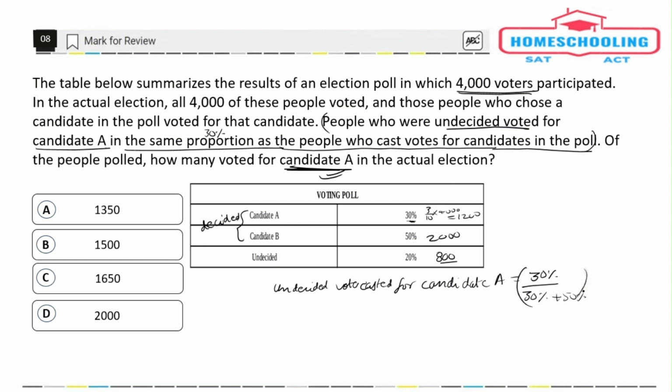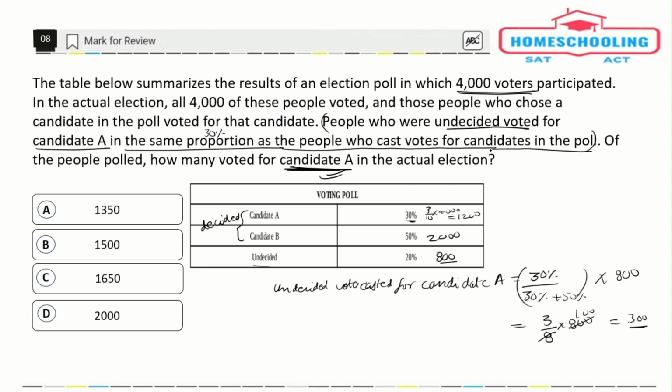So 3 by 8 into 800. So this would be 300. So undecided voters casted vote for candidate A is how many? 300 votes.